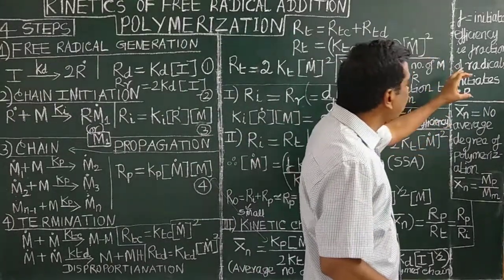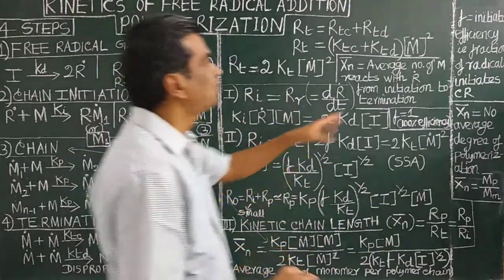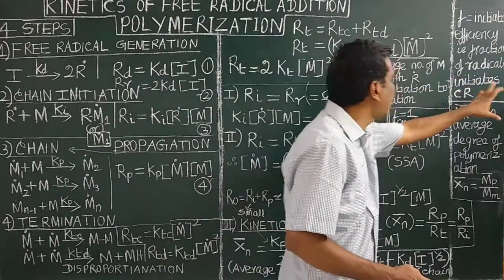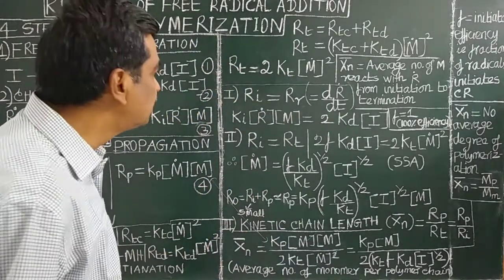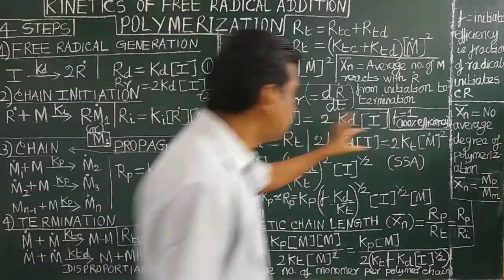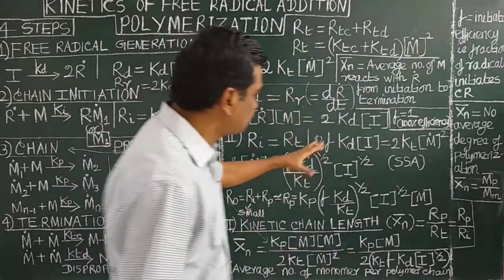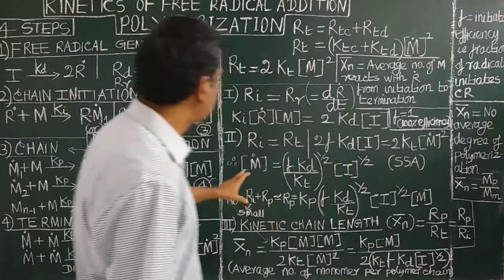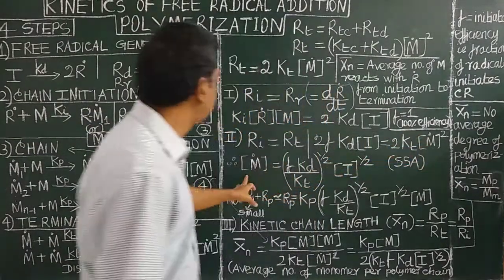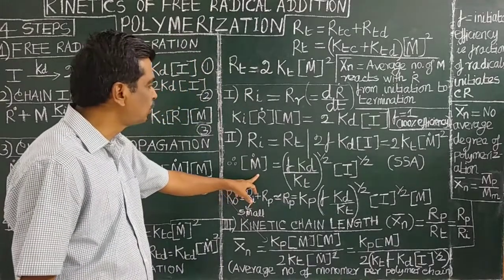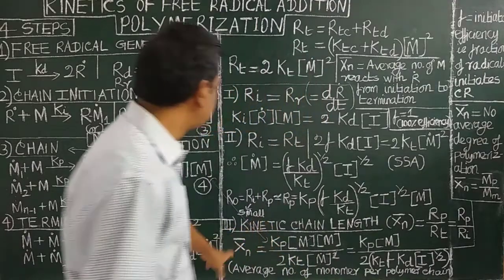F is the fraction of radicals that initiate the chain polymerization reaction. It is less than or equal to 1. Now let us consider F equal to 1. From this, the concentration of radical is determined by using steady state approximation.